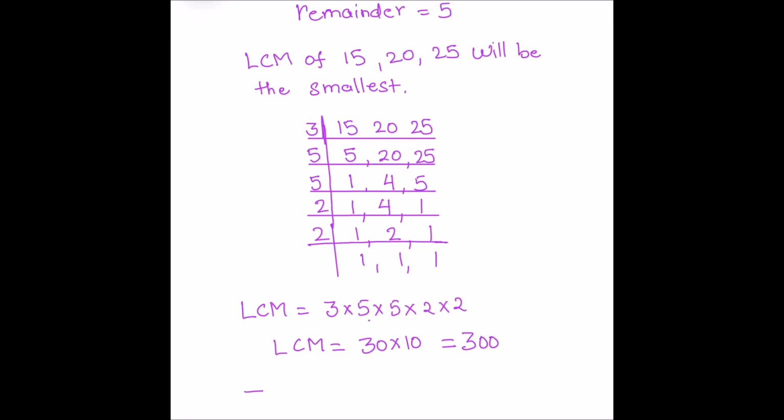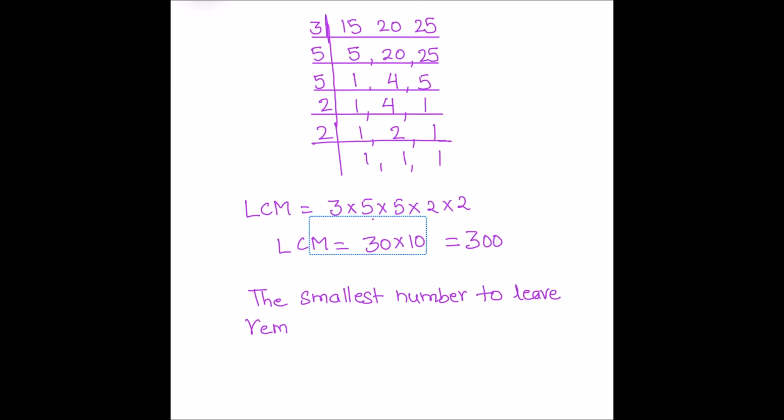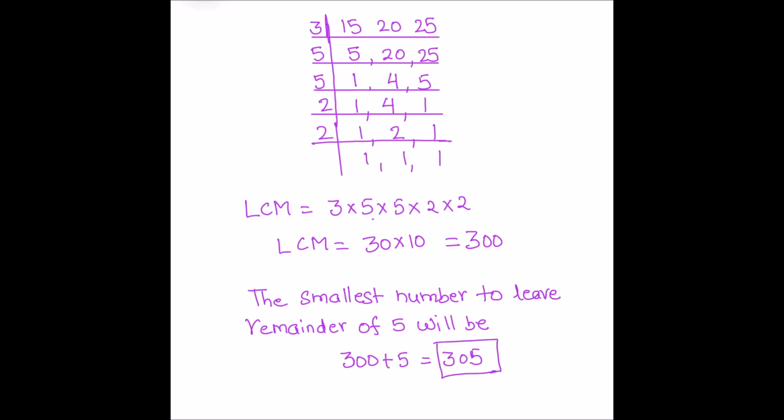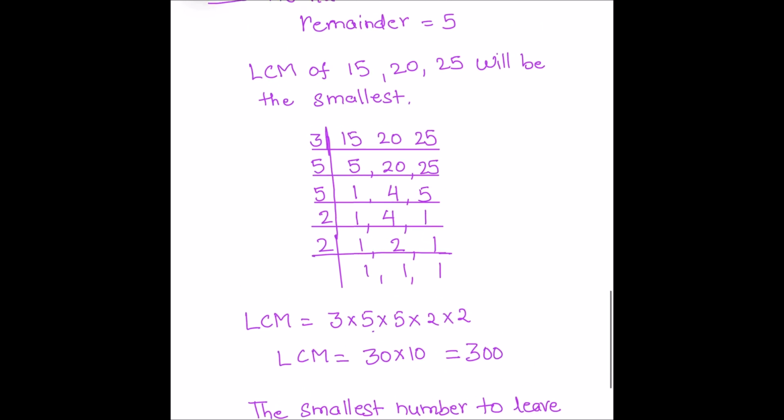So the smallest number to leave remainder 5 will be 300 plus 5, which equals 305. So this is our final answer. So this is how we are going to solve question number 2.